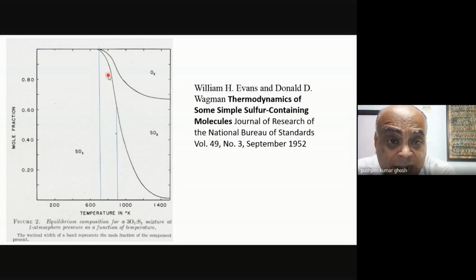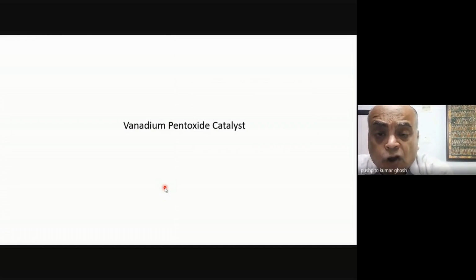But on the other hand, we know also that the rate of a reaction will be higher here, and the rate of the reaction will be lower here, because rate depends on temperature. The ingenuity of chemical engineers was really in balancing out all of this.